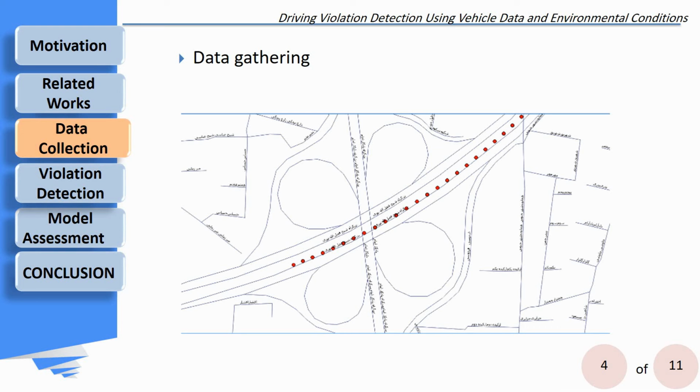The experiment comprised two main parts. The first part lasted 13 minutes and was carried out without any violation. That is, the driver maintained a safe distance from the car in front and drove between the lanes within the speed limit.